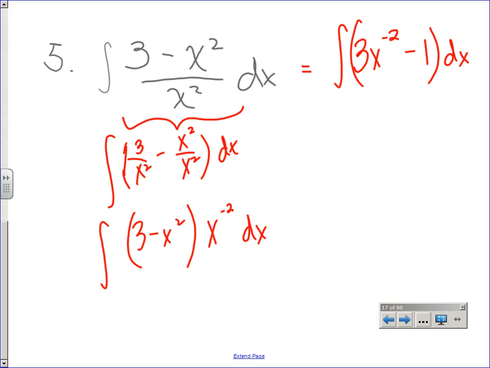2 groups made this x to the negative 4. 2 groups. Careful, careful, careful. This is an obvious one. Hopefully it's an obvious one. 30 seconds.